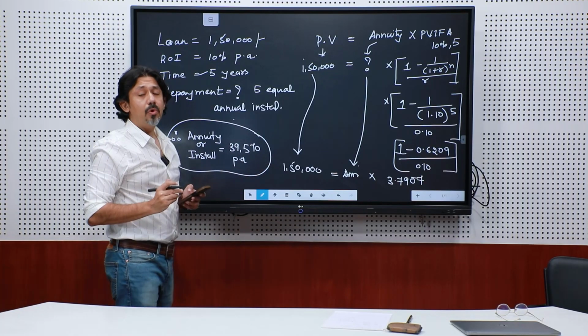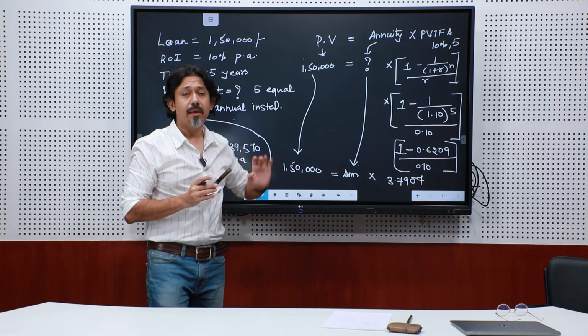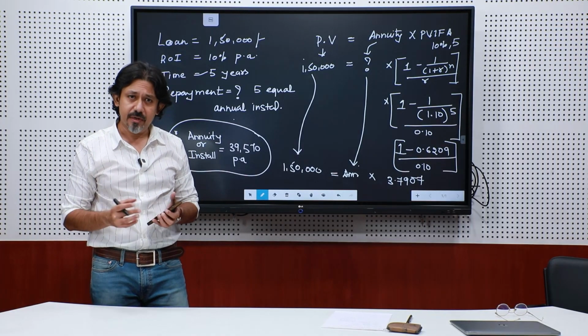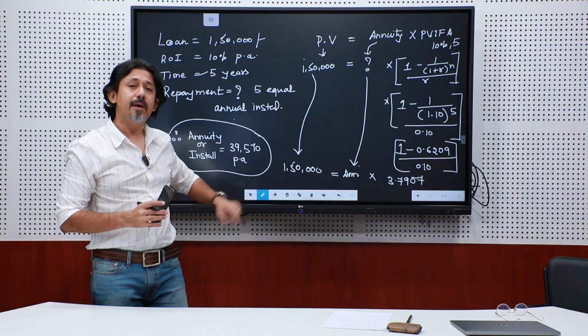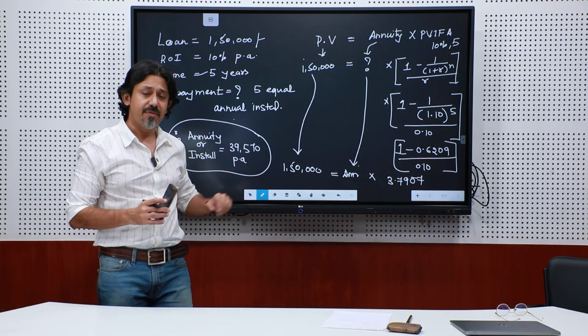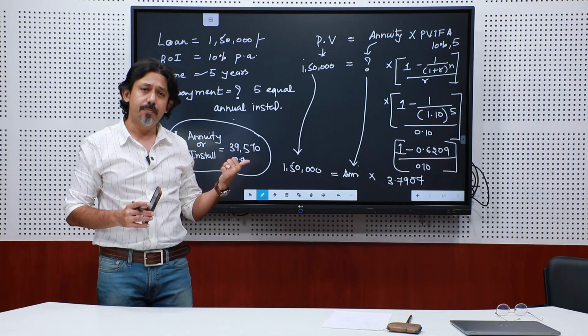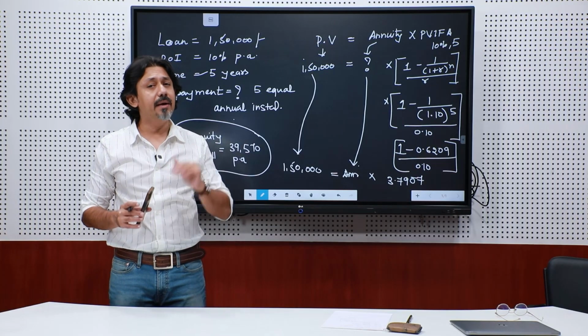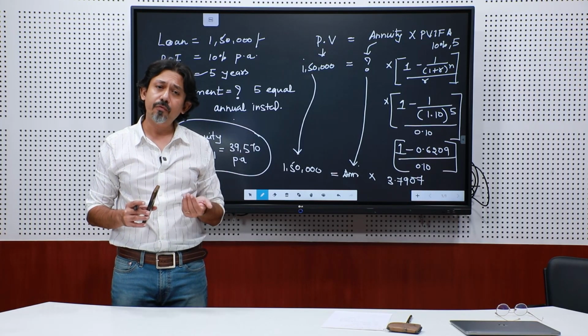So, if you take a loan of 1.5 lakh at the rate of 10% per annum for a period of 5 years, then every year you will end up paying the bank an installment of 39,570, which includes your principal amount, the 1.5 lakh you have taken as a loan, along with the interest on a reducing balance at the rate of 10%.